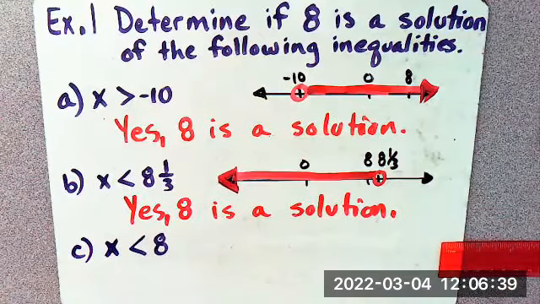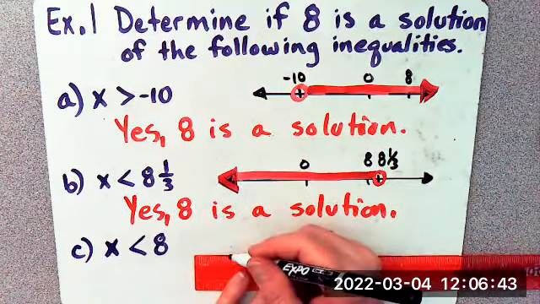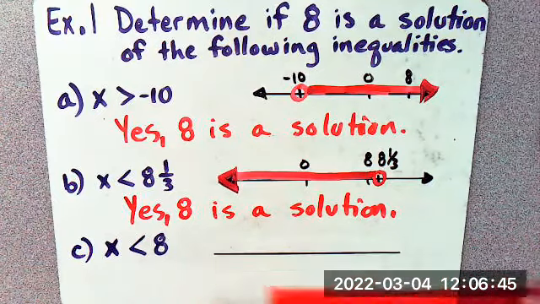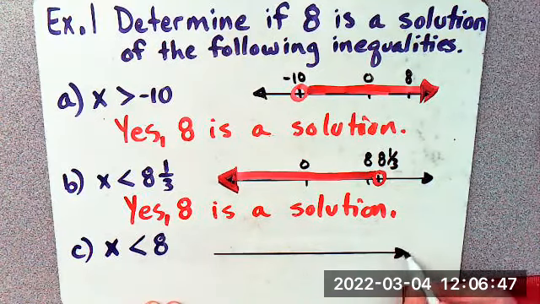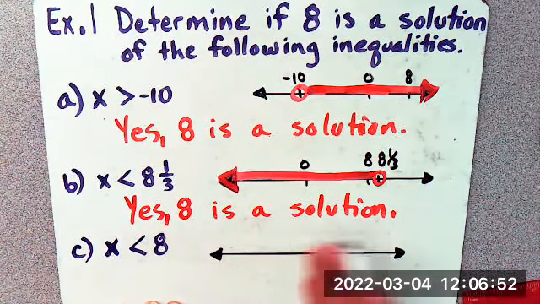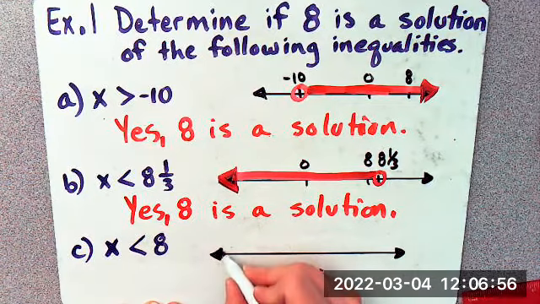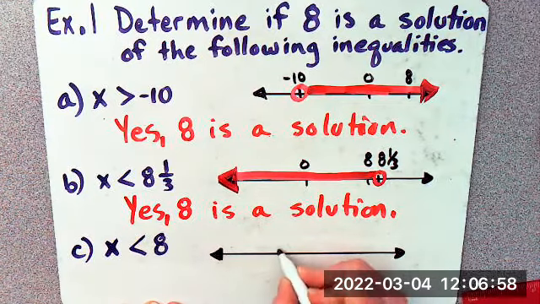All right, so let's try this one. Now, your teacher will probably want you to do a lot more detail on the number line, but I just want to get the general point out of how to do this.